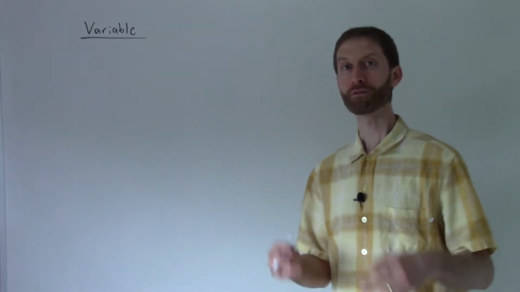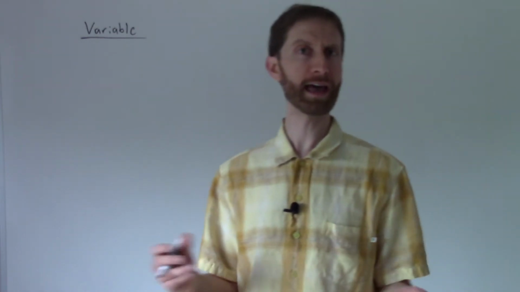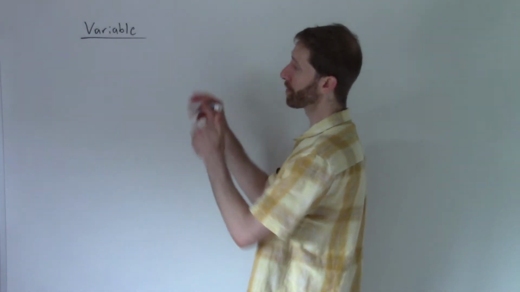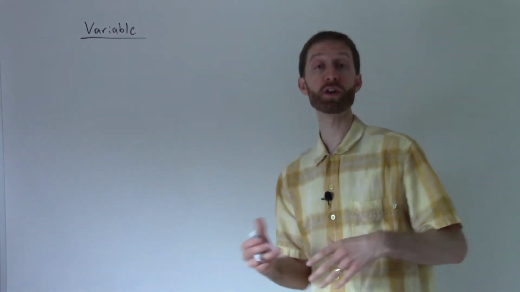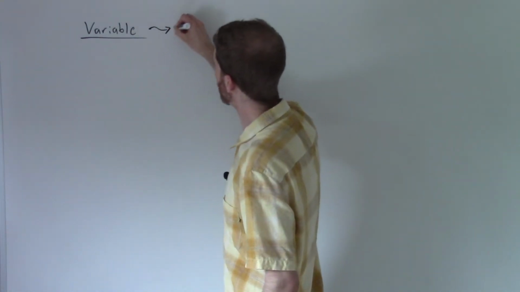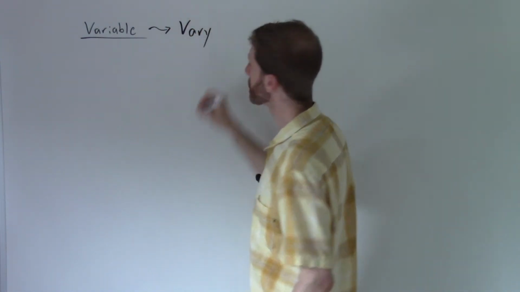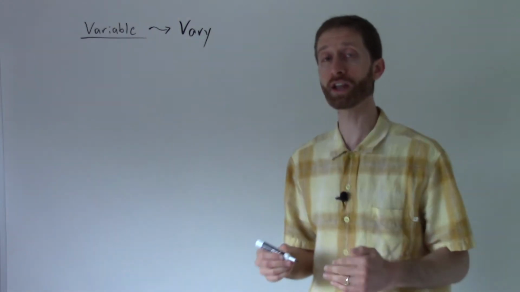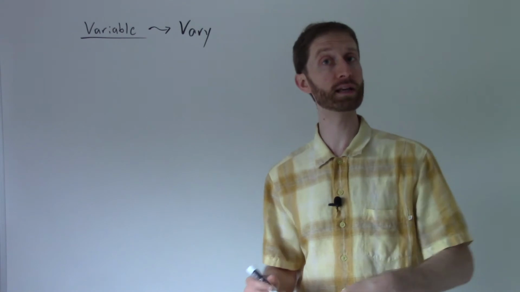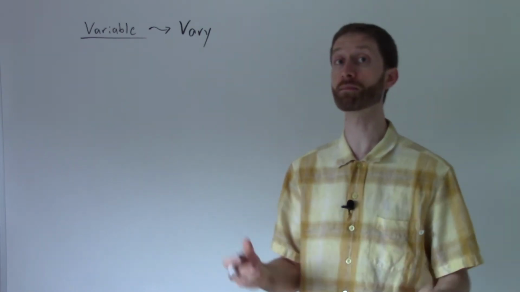And now for an explanation of what the heck a variable is and why we even need letters in mathematics. So a variable comes from the word vary, right? So if you've got the word vary, what that means is to change, right? Or maybe you've heard the expression, the weather today is variable, meaning it is changing. It's not the same throughout.